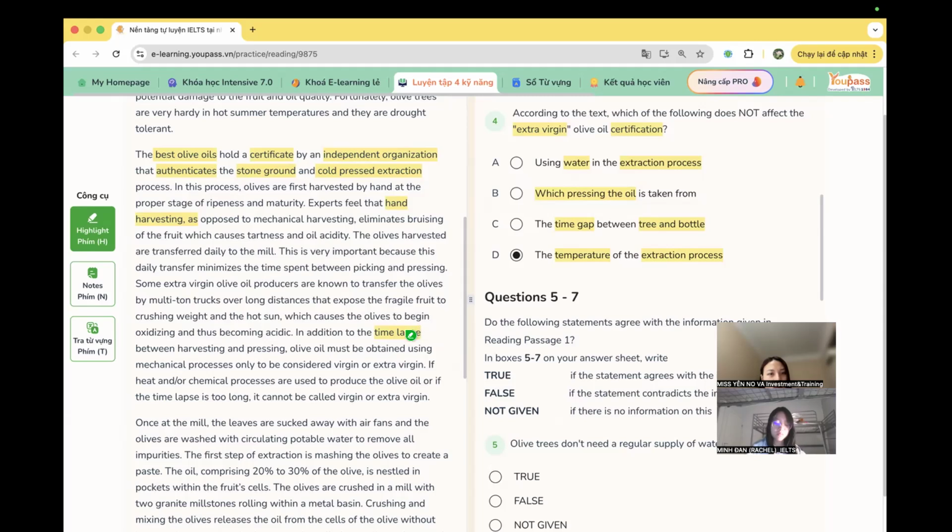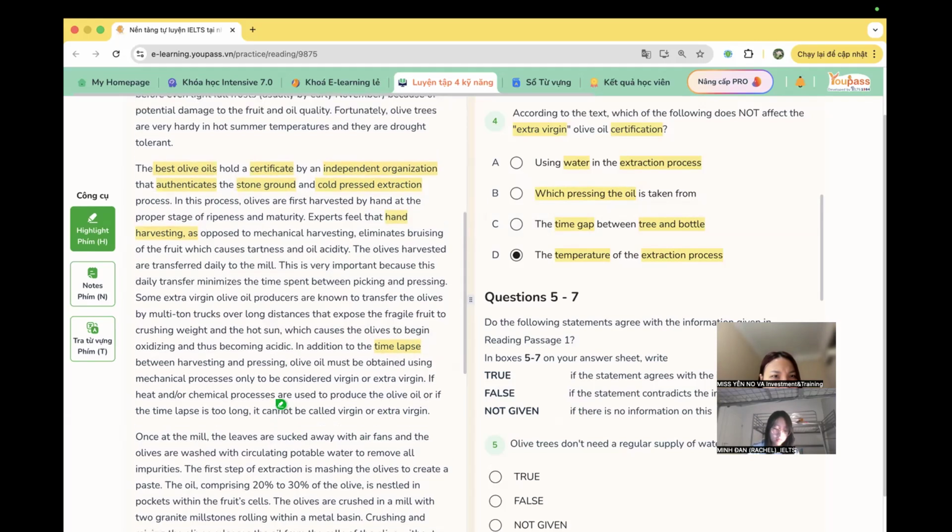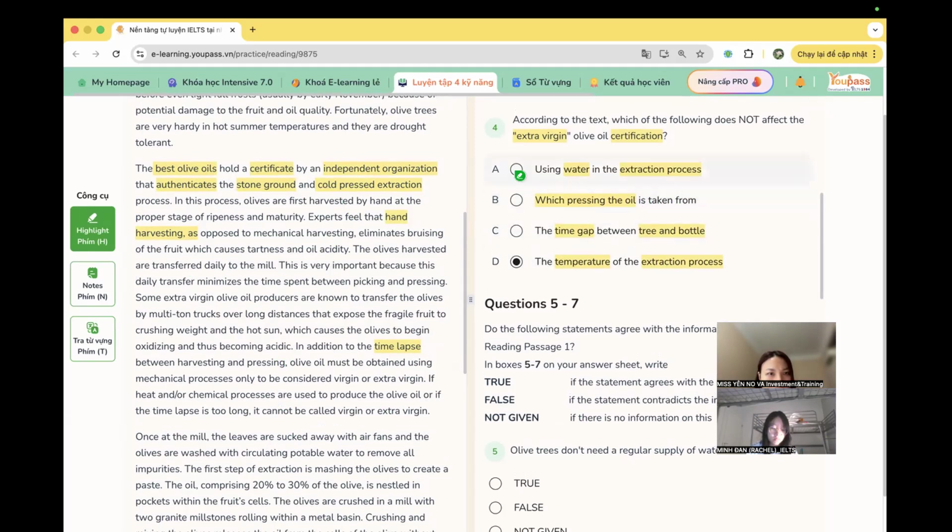Time lapse here. What about the temperature? Okay, I think the temperature is related to cold. Yeah. So we got a temperature, we got a time gap in which pressing the oil is taken from. So water is not the option here.